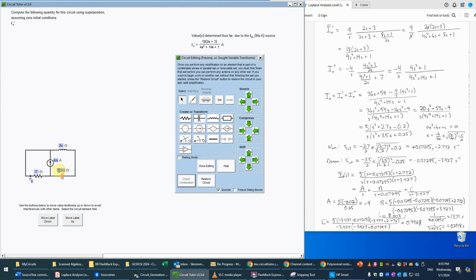So I'm going to change the one on the bottom here to be the quantity, put parentheses here, 4s squared plus the 1, okay, all over the 2s. And again, because that's now a generic impedance, we do have to change the element type. We didn't have to do that here because it's still a resistance. And then this one changes to a short circuit again to absorb all the impedance so that this has 0 impedance here. And then we once again check our combination, and that is correct.